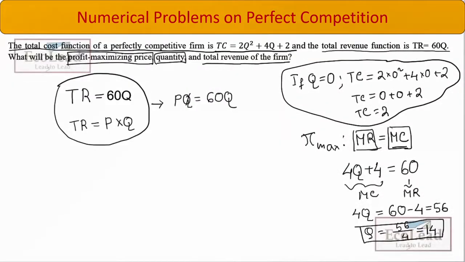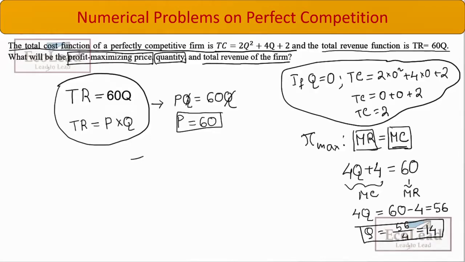Now in this case, if we cancel the Q on both the sides, then the value of P or price will be 60. So this is the profit maximizing price that we receive from this sum.